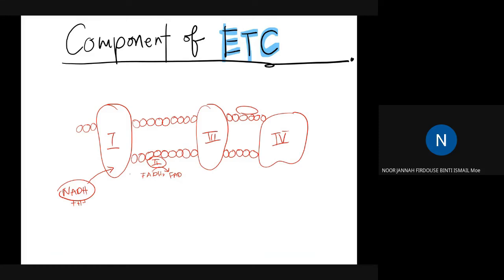It cannot pass to the first complex. So the electron from NADH will pass through complex number 1, then coenzyme Q, then complex 2, and then complex number 3 passes to cytochrome C, and then to number 4.